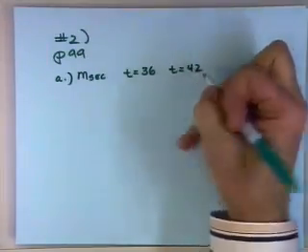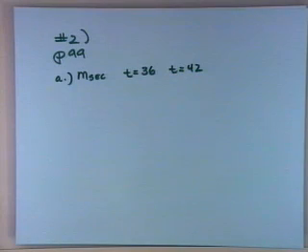Now, will that tell us, let me read this question. Use the data to estimate the patient's heart rate after 42 minutes. Now, we're not really finding out what's going on at the 42-minute mark. Aren't we really going from the 36-minute mark to the 42-minute mark and finding an average rate of change? That's what we're doing.